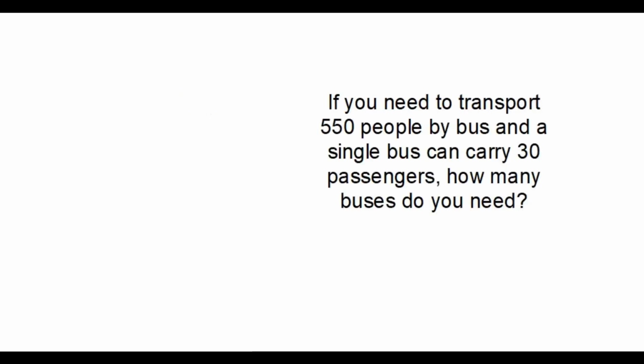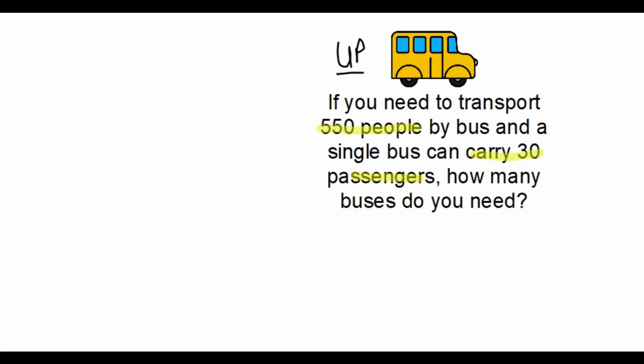So in another example, just to see how it works, let's say we need to transport 550 people by bus, and a single bus can carry 30 passengers. So what case do we have here? We have the case where we round up. Why? Because we are dealing with a set quantity.